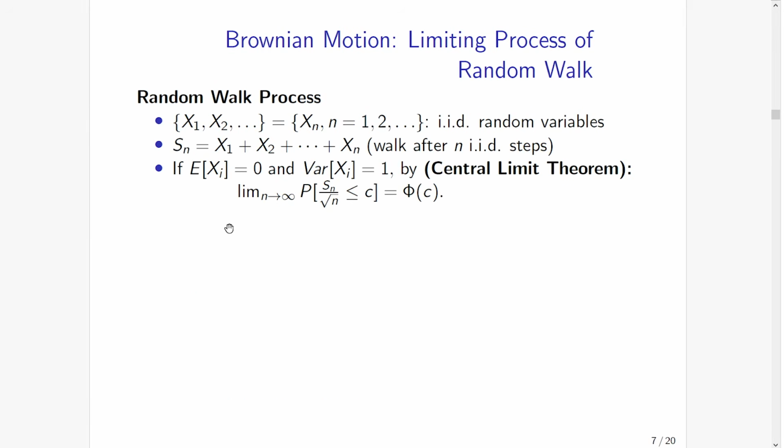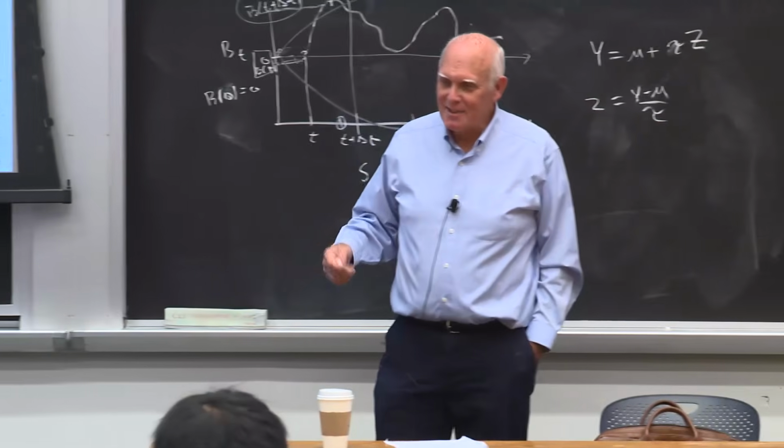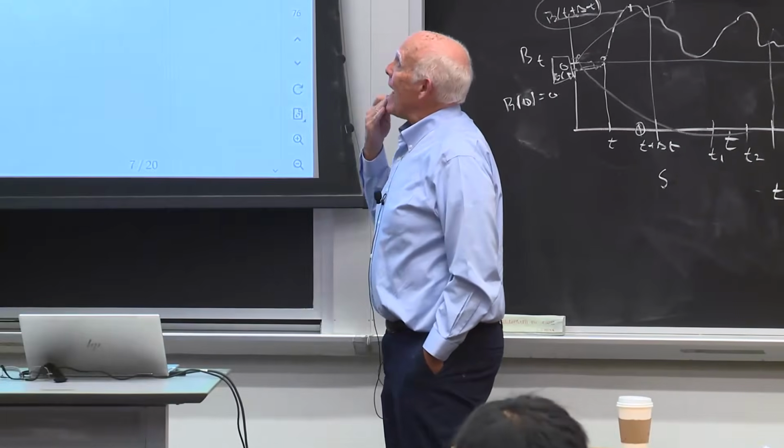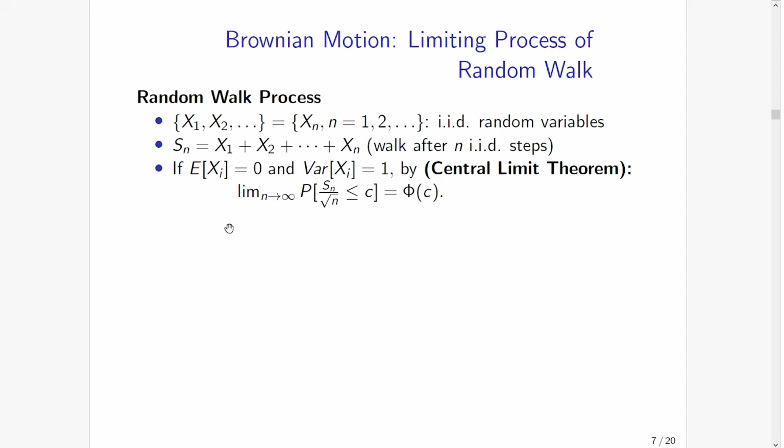Now, the interesting question, or at least the interesting question to mathematicians, is how do we really define Brownian motion formally as a stochastic process? It turns out that Brownian motion can be defined as the limiting stochastic process corresponding to a random walk.